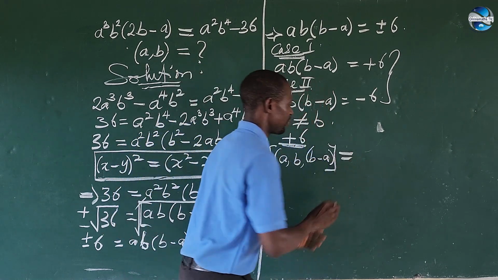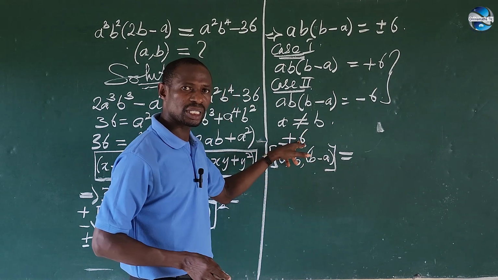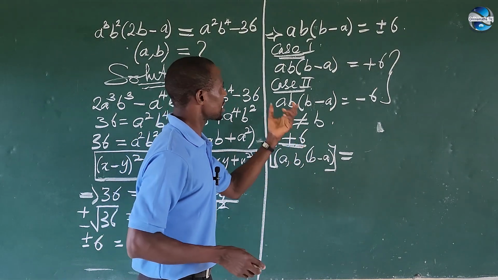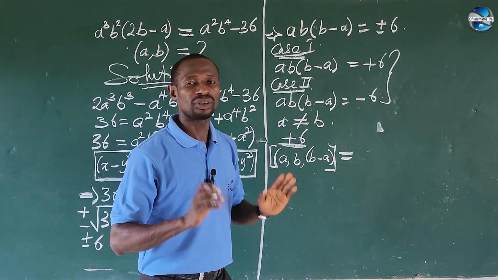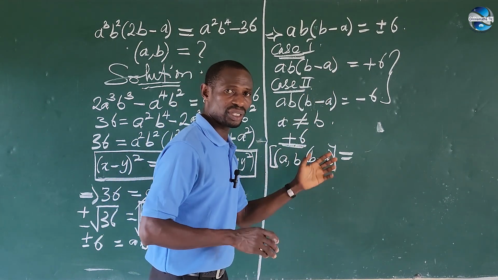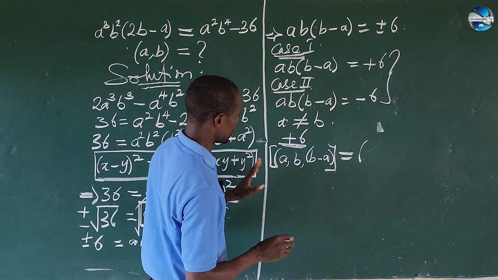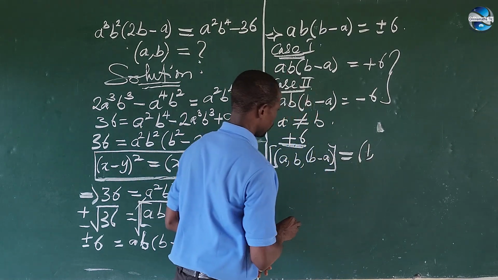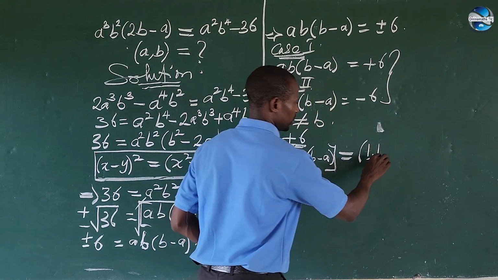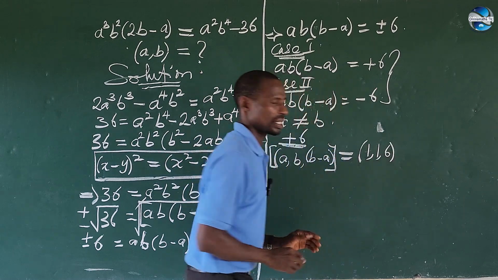So what are the factors, from the multiples of plus 6, that will satisfy this expression? Before we go ahead to look for the pairs of numbers that will satisfy this, the first one is 1. Our a could be 1, b 1, then b minus a gives us 6.